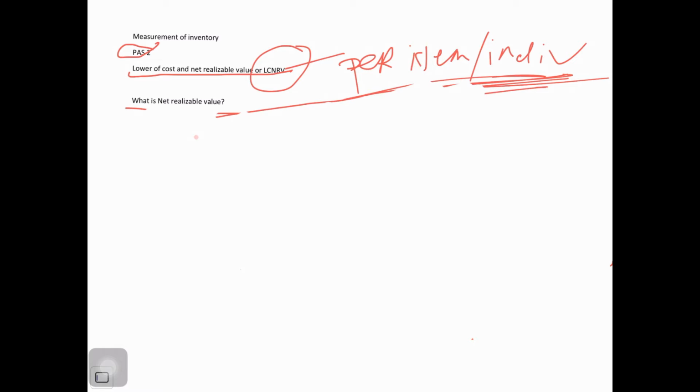So, if we use the allowance method, guys, for example, our cost is 1 million and our NRV is, for example, 500,000.